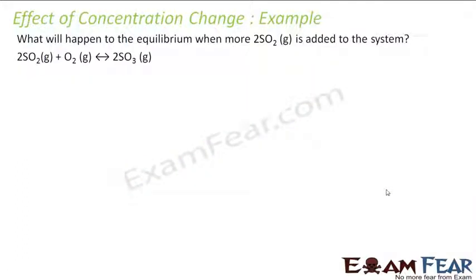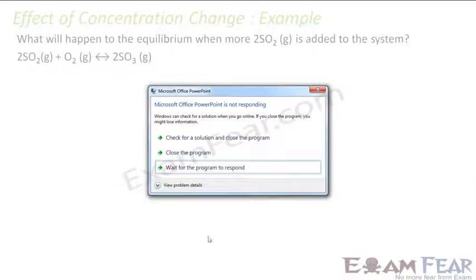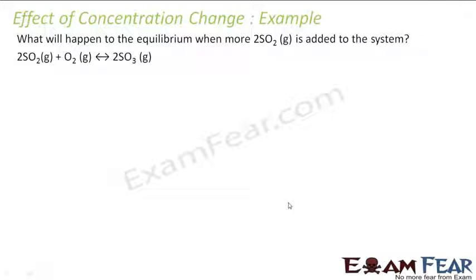Let's take one example which talks about the effect of concentration change. There's a reaction, 2SO2 plus O2 gives 2SO3, at equilibrium. The question says: what will happen to the equilibrium when more SO2 is added to the system?